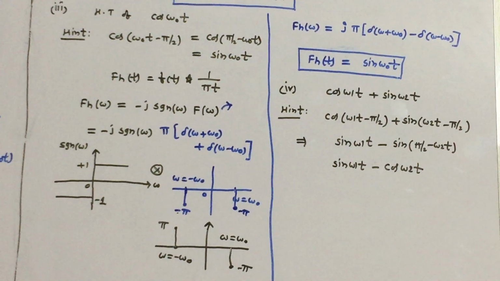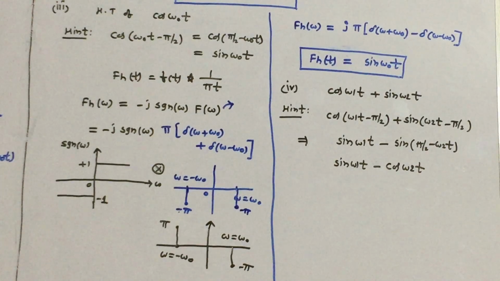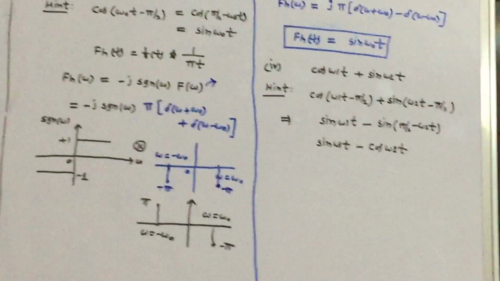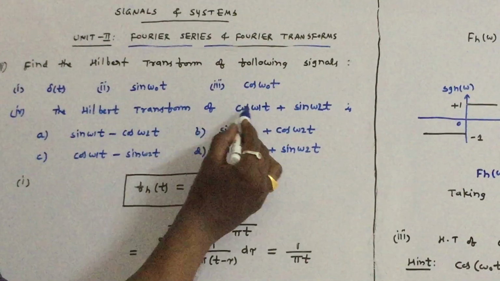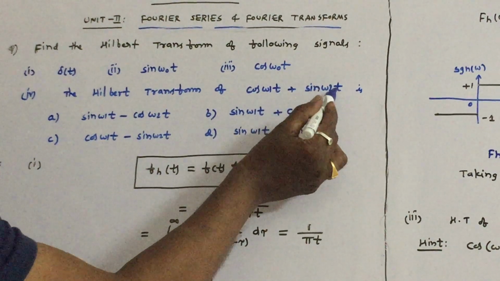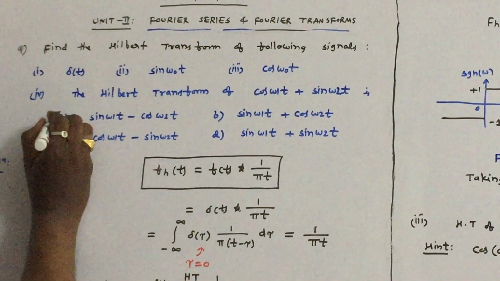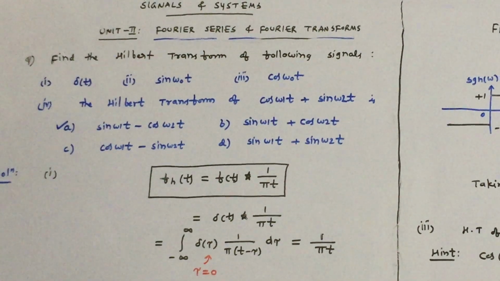So let us see which option is correct in the given question. The Hilbert transform of cos omega 1 t plus sin omega 2 t is this one. This is the right answer for this question.